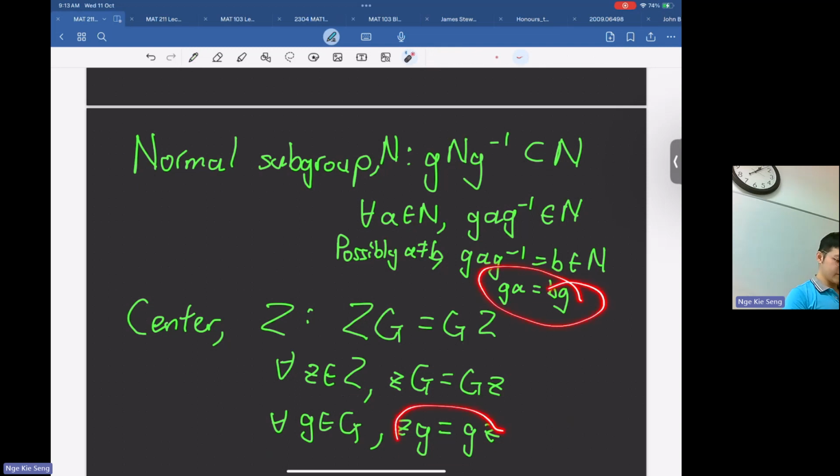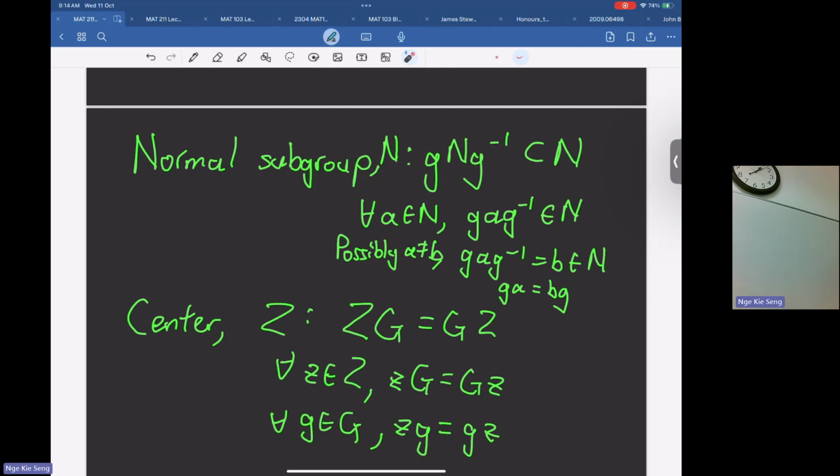So what can you see here? Normal subgroup is kind of a weaker version of the center. For a normal subgroup, a and b may be different, but for the center, a and b are the same. So if you cannot find the center inside your group, maybe you can try to find whether there's a normal subgroup or not.